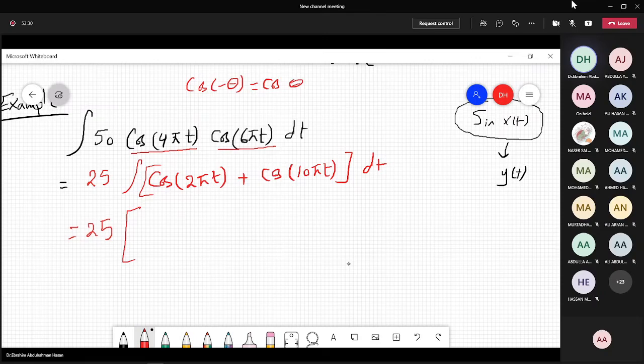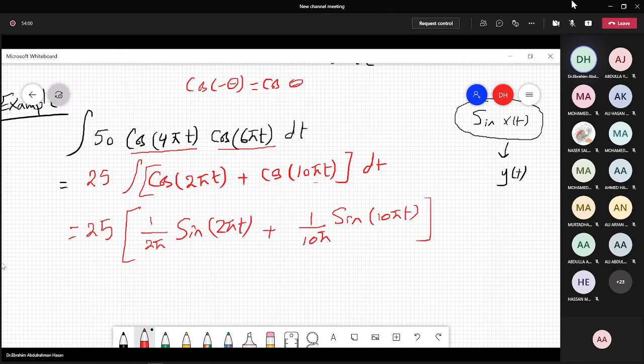It is very easy to find the integration, so it is equal to 25. The integration of cosine is sine 2 pi t. But it is with respect to t, so whatever you have in front of t, it is divided by it, divided by 2 pi. So here we have 1 over 2 pi. Similarly, this one is sine 10 pi t, divided by 10 pi.